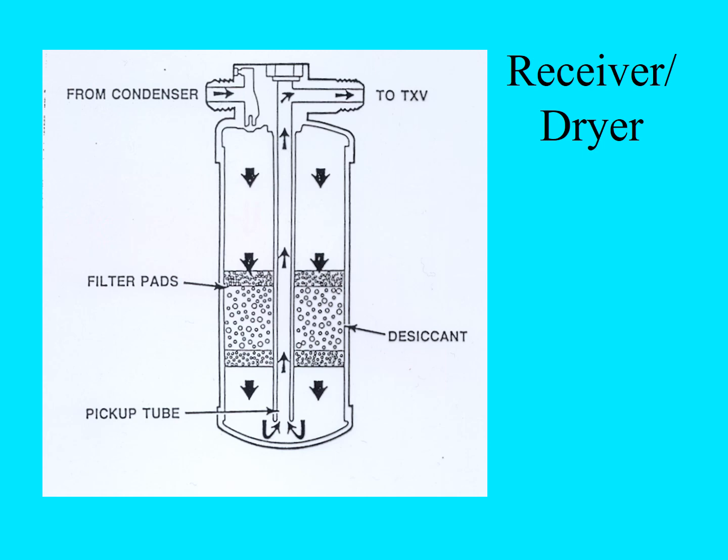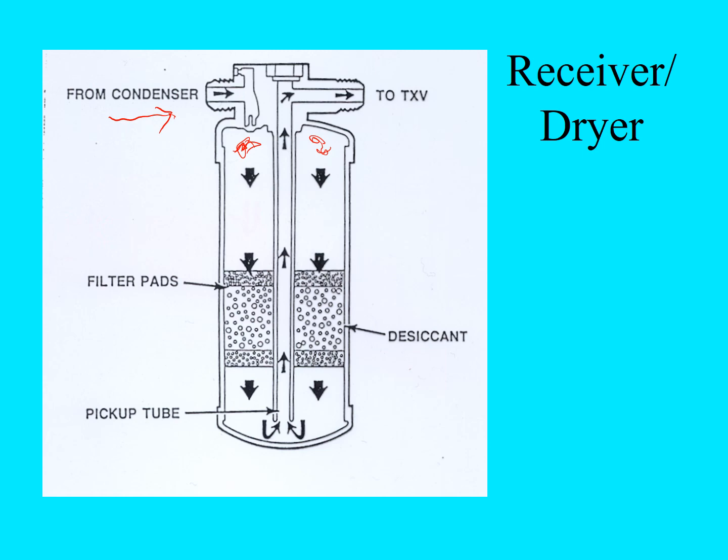On the inlet side from the condenser, we would have high temperature, high pressure liquid coming in, and if there was any vapor, high temperature, high pressure, it would get trapped at the top here. That vapor would actually rise to the top. The liquid refrigerant would flow through.